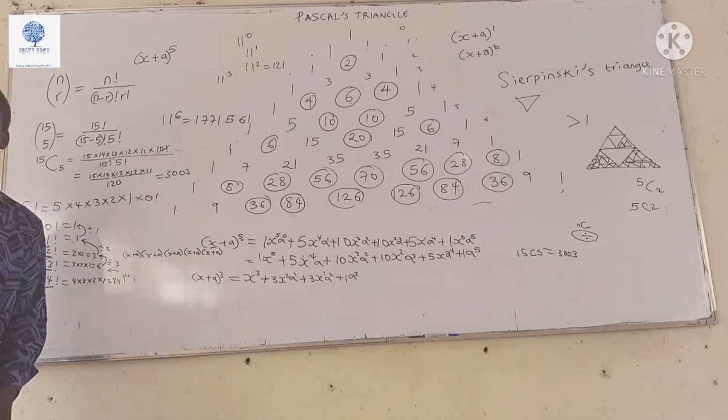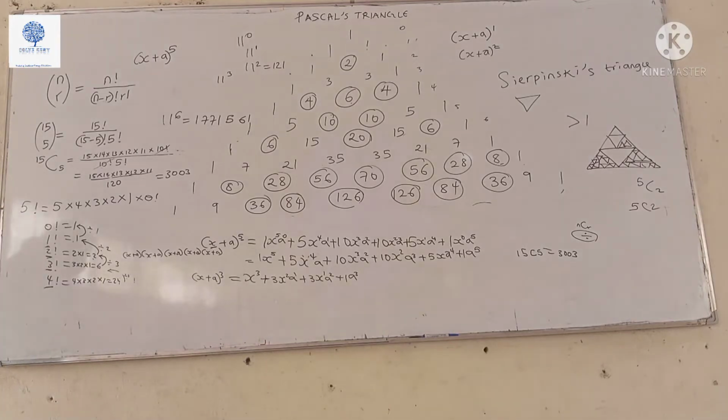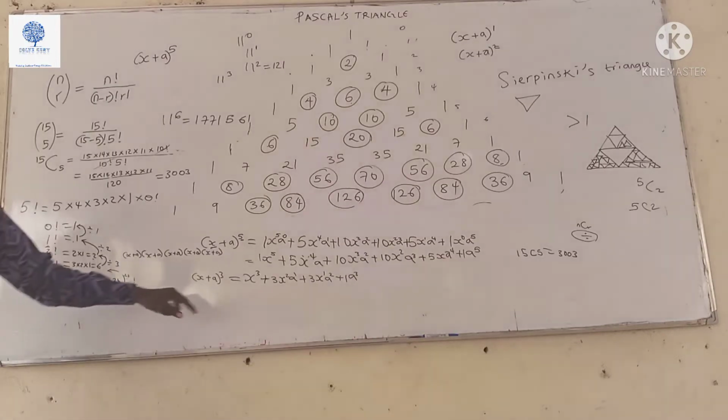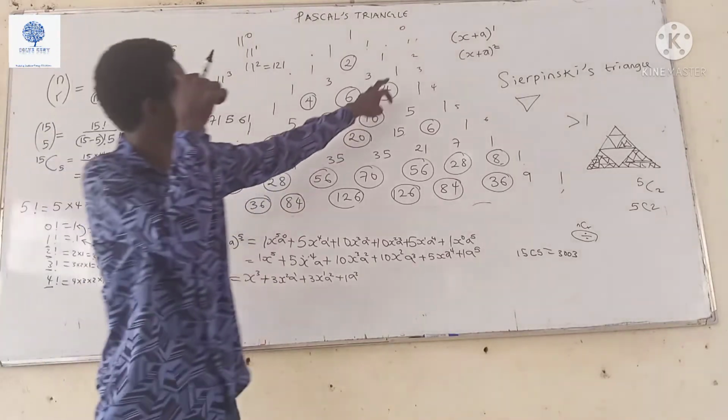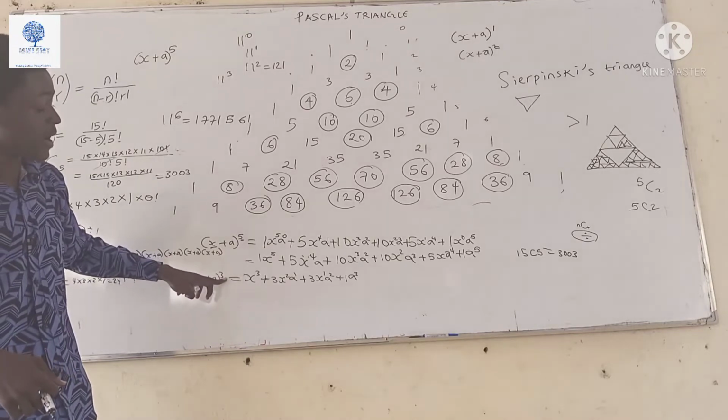So first of all, just know that the first number in your expansion, to the power of 3, go to your third row, you have 1, and then this first one will start from the power and reduce to 0.